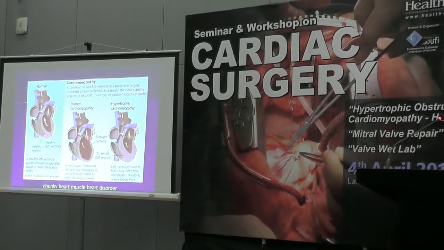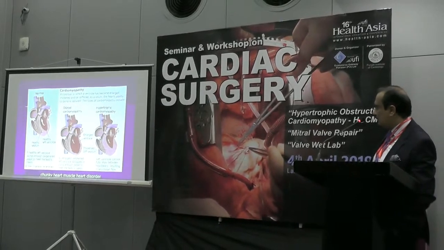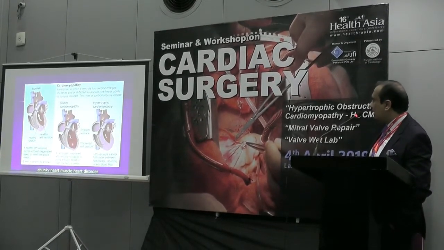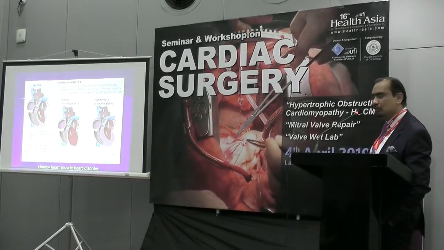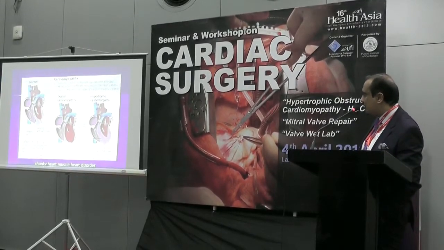You can see the whole ventricle is dilated. It is not hypertrophied. Muscles are weakened, the whole heart is enlarged, the heart size increases. It is not as effective in pumping the blood out of the heart. The ejection fraction of the heart is reduced as well. So that's the enlarged ventricle.